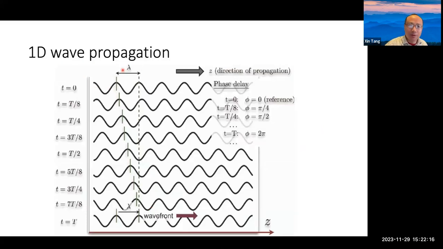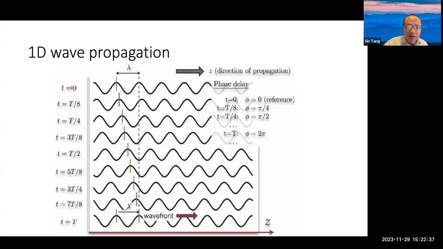a spatial temporal distribution. So here the y-axis, the vertical axis, is the temporal distribution. At different times, this wave propagates a distance along the z direction. Okay, around here I see a z direction.